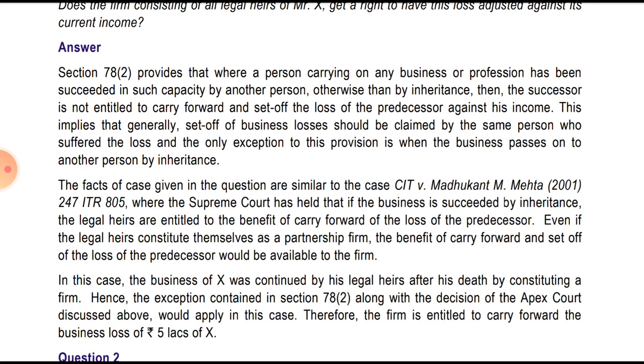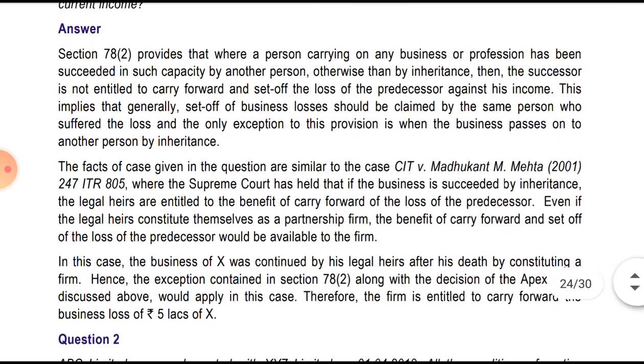This implies that generally the set off of the loss can only be claimed by the person who had suffered the loss, and the only exception to this provision is that the business passes on to another person by inheritance.